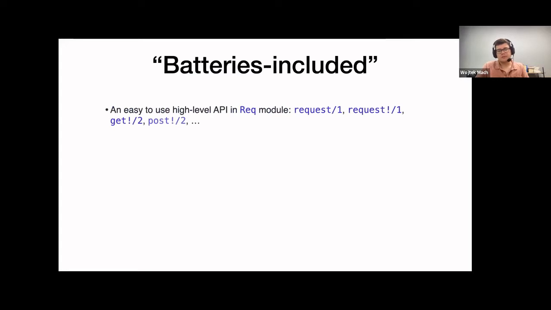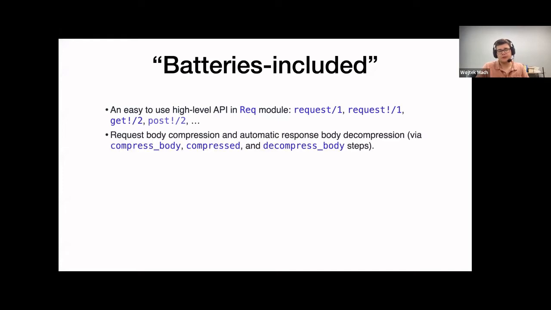So what are the batteries included? What are the features that we have in Req? One of my goals is to have this easy to use high-level API in the Req module. We have a handful of functions, and I hope it's really easy to use them to again get common tasks done fast.